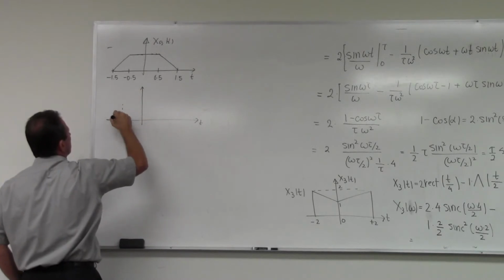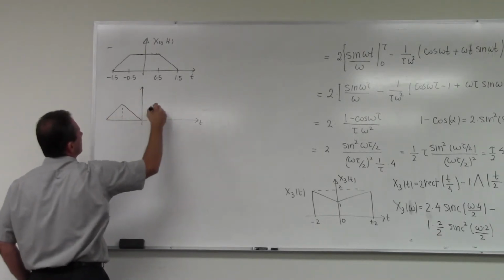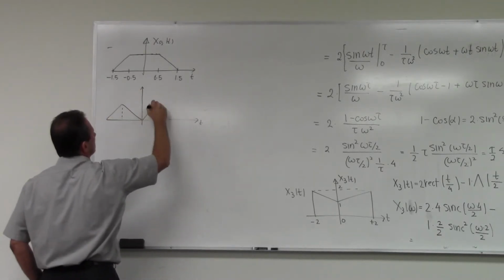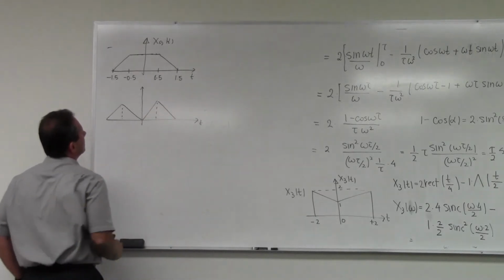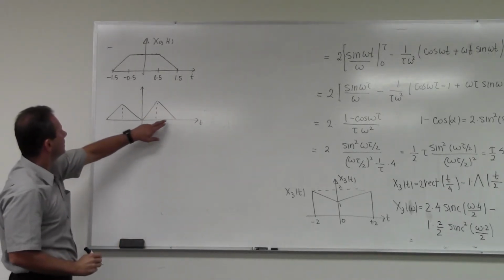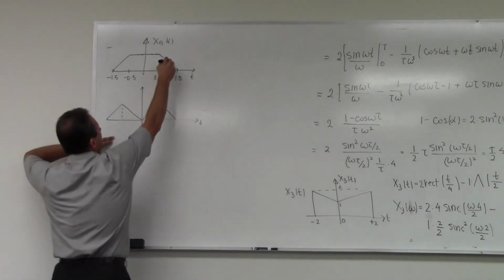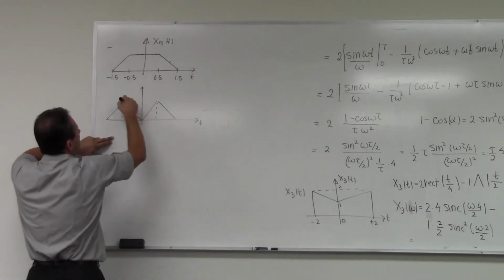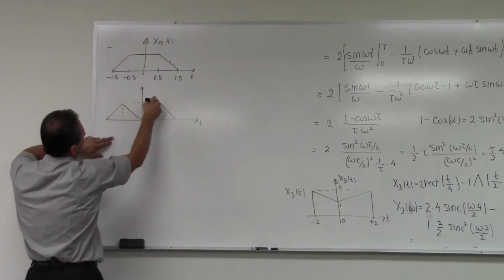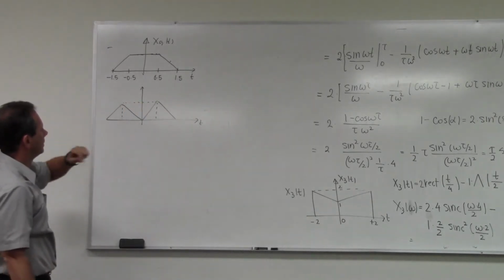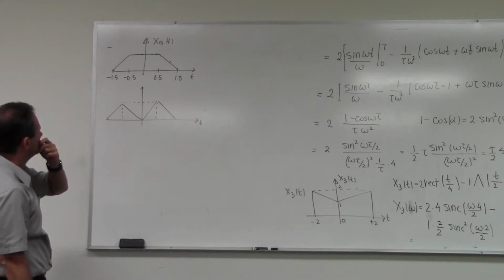Let's say I have first triangle that looks like this, second triangle that looks like this, right? So that gives me this section here, correct, and this section here, correct, and then I need to add this triangle that exists in this area.